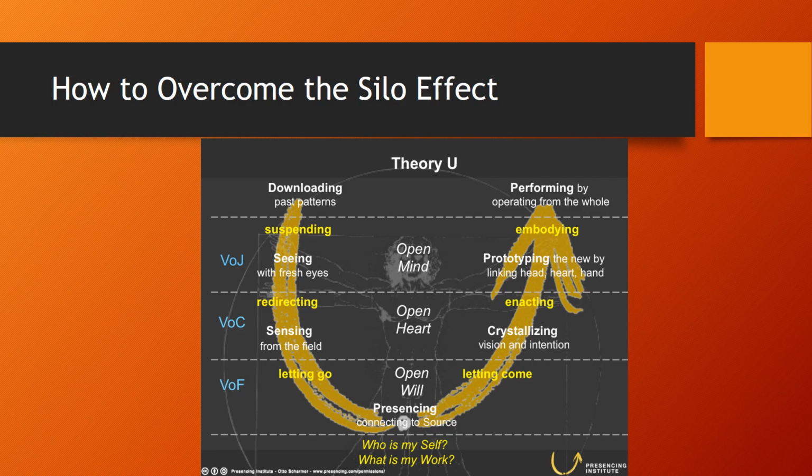And then VOF, the last enemy of Theory U, is the voice of fear. And that is this idea of letting go. Boy, I'll tell you what, part of the reason for resistance to change is that people fear the unknown. They fear, well, if I let go of this, what have I got?